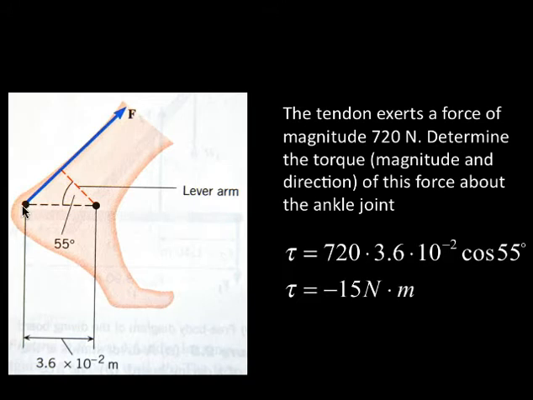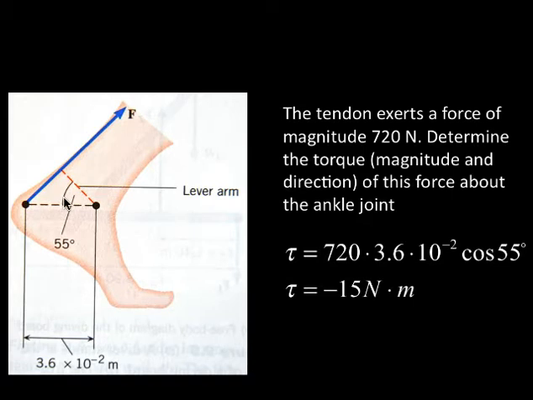This is where the tendon is attached, and so that's where the force is applied. What's the lever arm in this case? This is the axis of rotation. This is the line of the force. This right here is the lever arm. And we know this angle. So if I know this, and I need to find that, I would use cosine in this case.